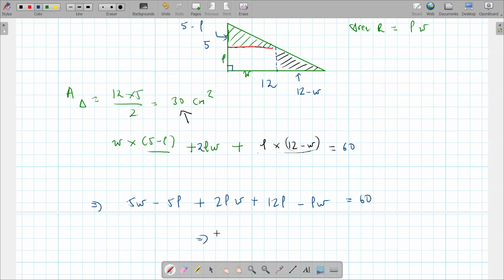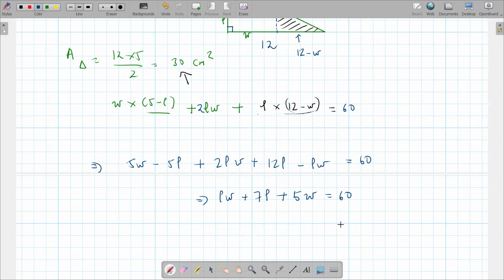LW minus LW is LW. Negative 5L plus 12L is 7L. 5W is 5W, equal to 60. Shouldn't it have been 5W minus WL? Yeah, that was wrong. It should have been 5W minus LW.